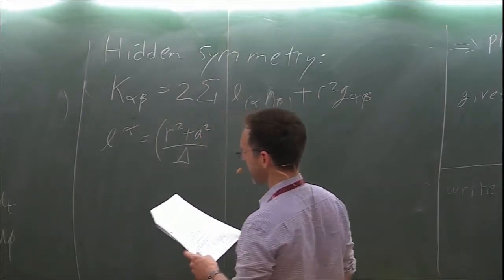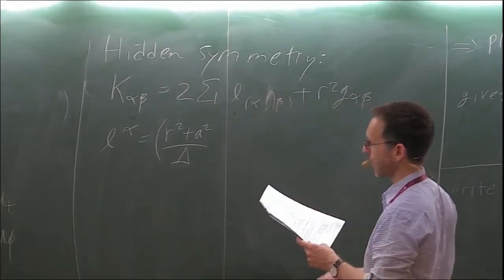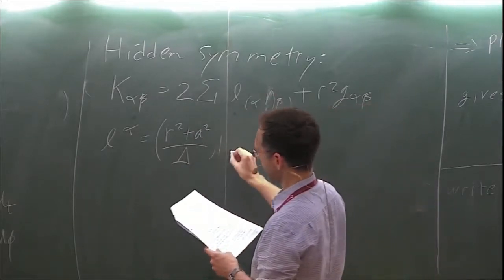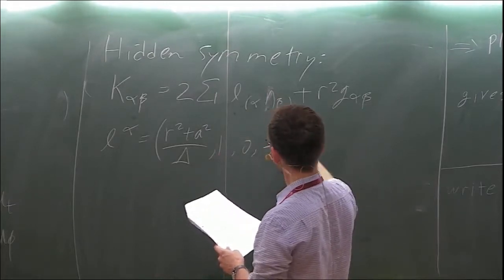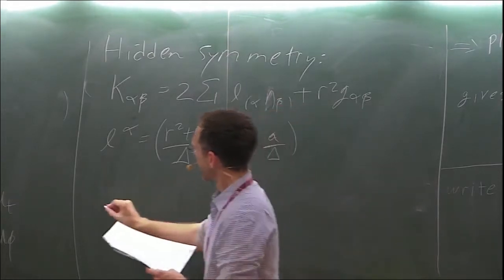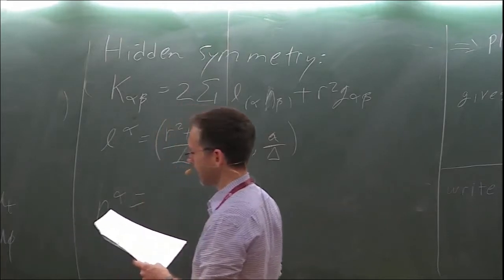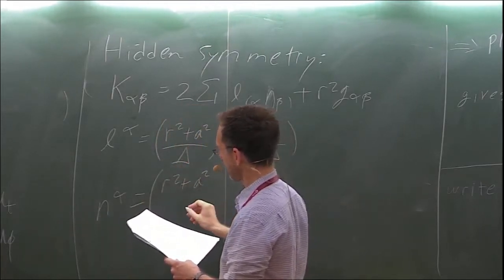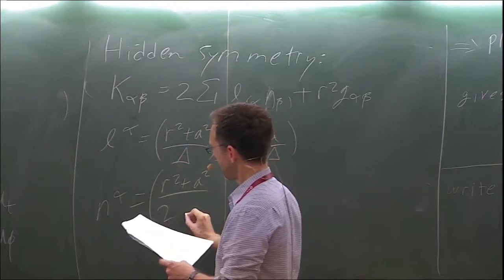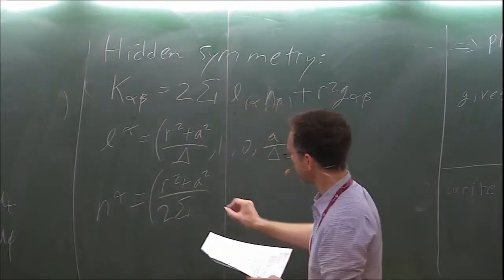So for this purpose, all you need to know is that it's a null vector going away from the black hole. n^alpha is an ingoing null vector.